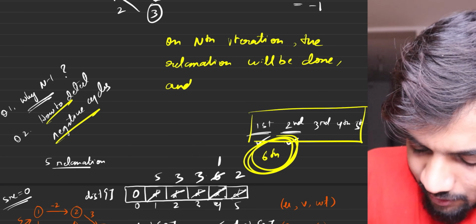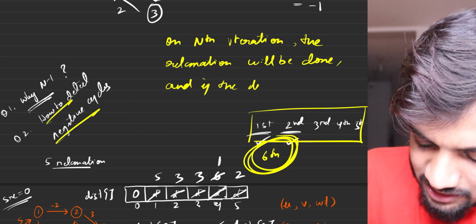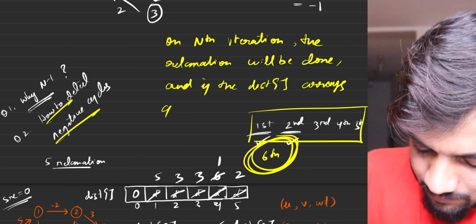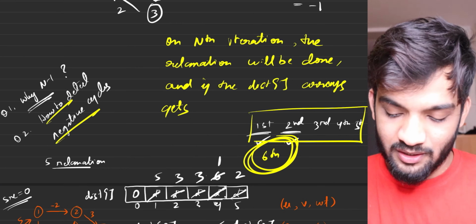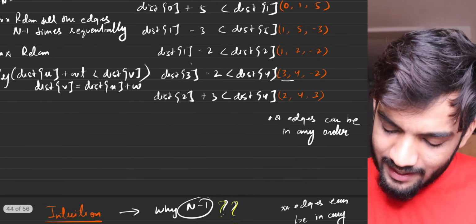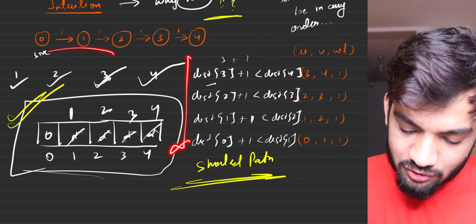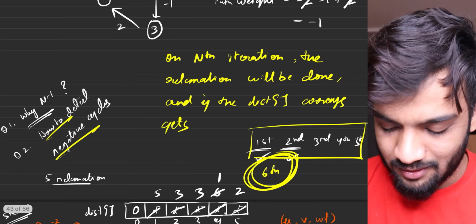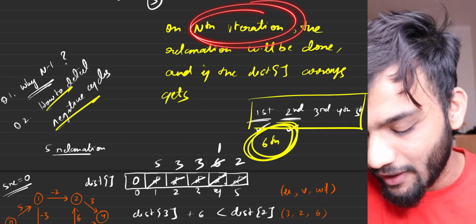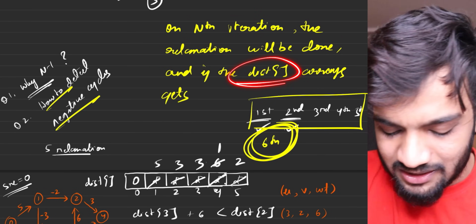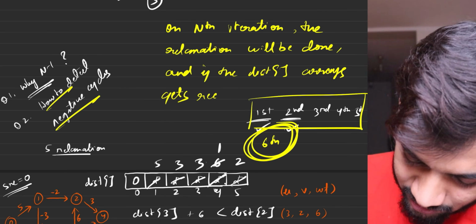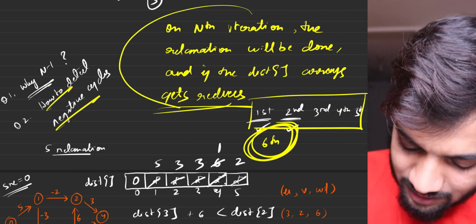And if the distance array gets updated, because we have proved that at max we will require n minus 1 iterations, but even after that, on the nth iteration, if I do a relaxation and I see the distance gets reduced, I will be right.